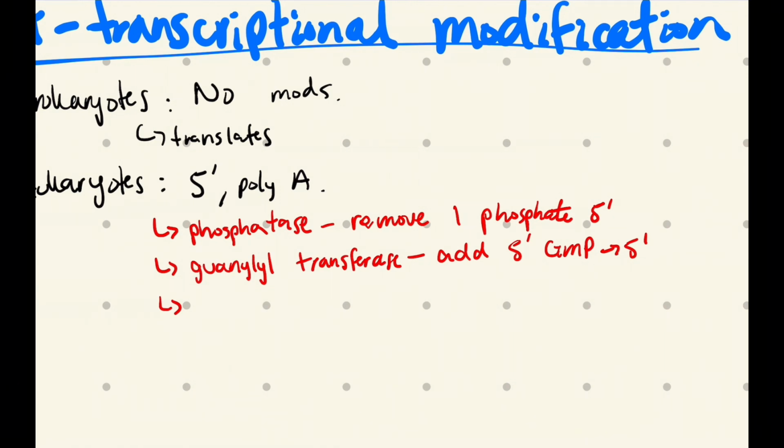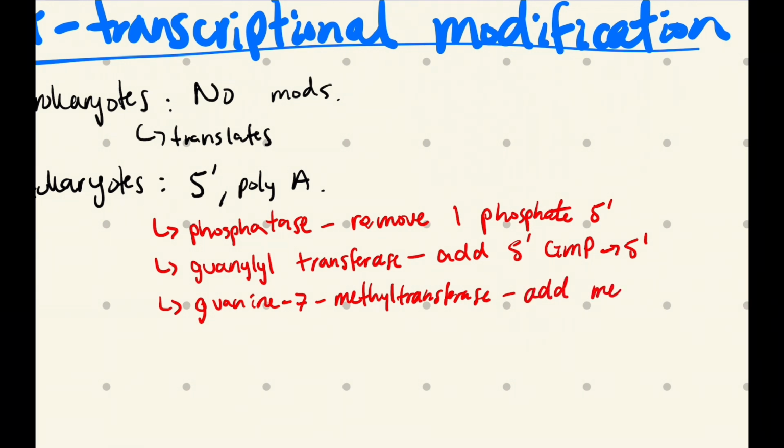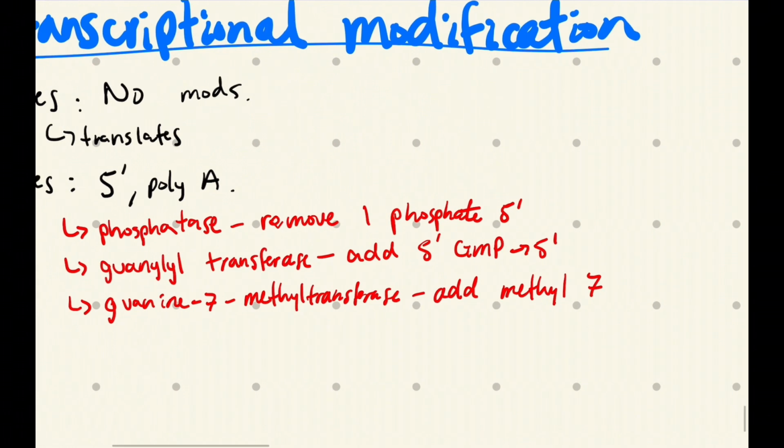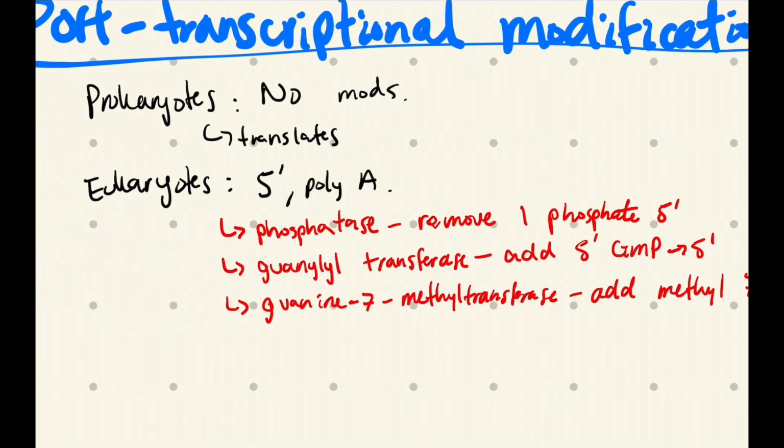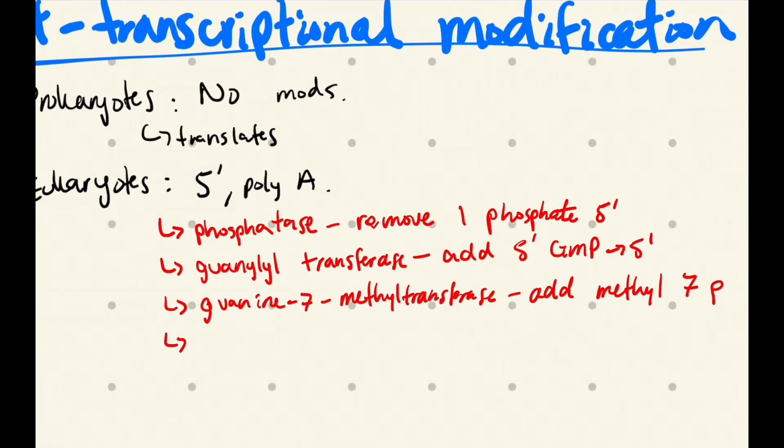And then you are going to methylate it, right? So you might have heard of this before, you're going to have a 5' methyl cap, right? So you have your guanine 7 methyltransferase, and this is going to add a methyl to the 7 position, okay? And then you are going to have another methyltransferase.